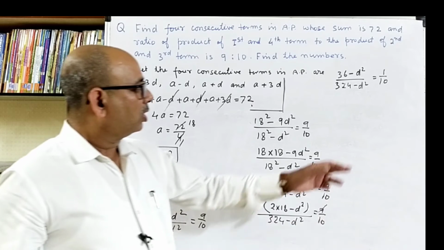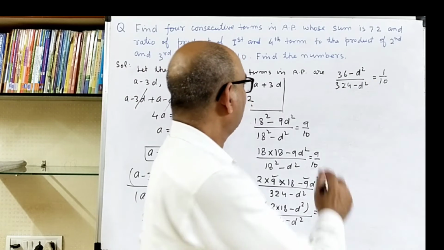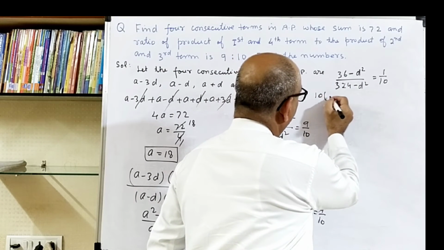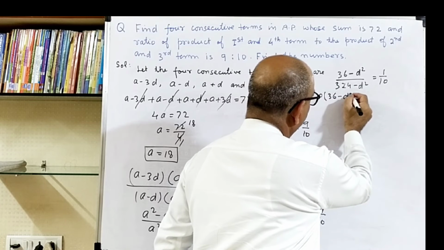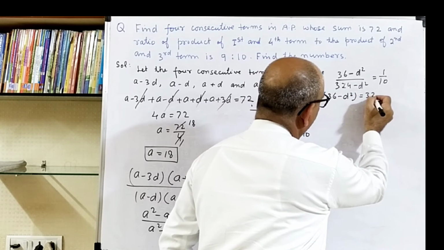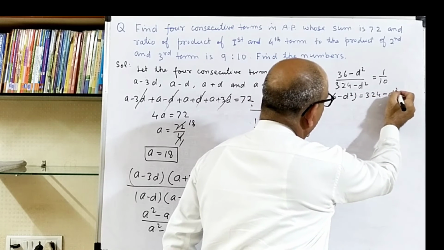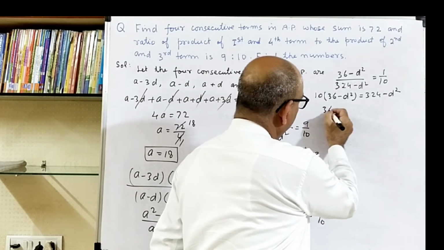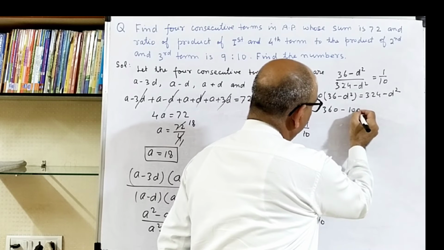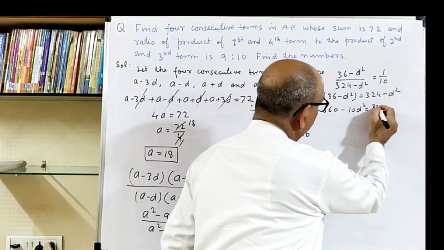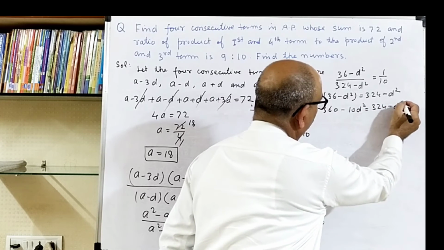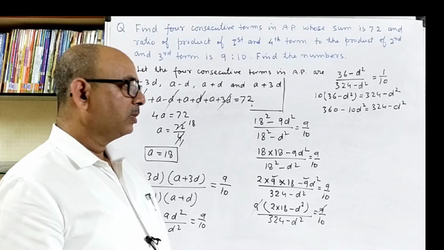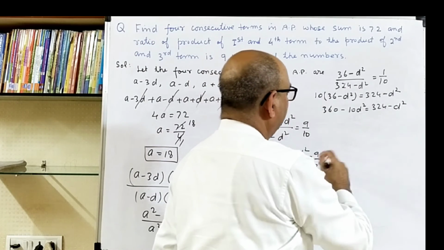Now we can do cross multiplications. 10 multiplied by 36 minus d square is equal to 324 minus d square. That is 360 minus 10d square equal to 324 minus d square. Transpose minus d square on this side.